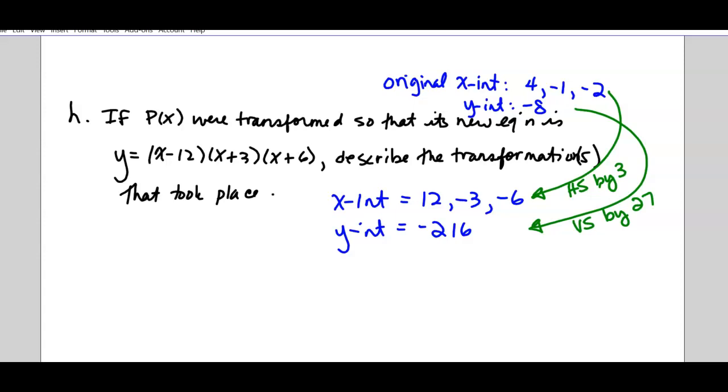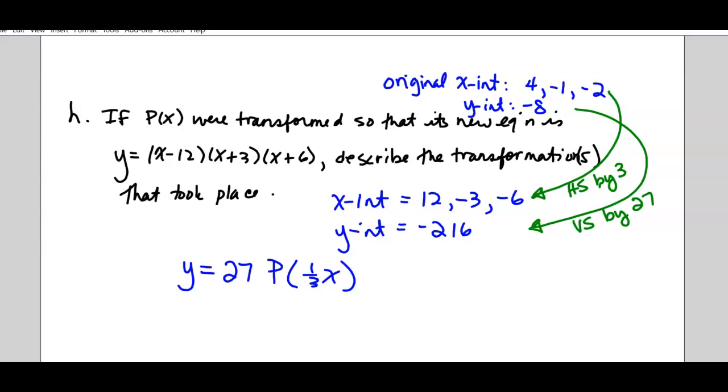So from my original, y equals p of x, my transformed will be, from what I think it is, 27 p of 1/3 x. Vertical stretch by 27, horizontal stretch by 3. Now verify.